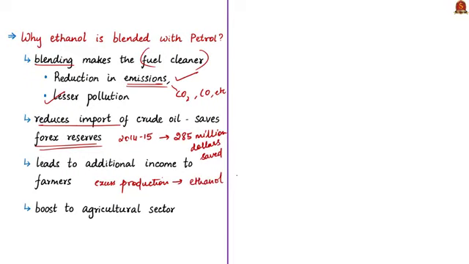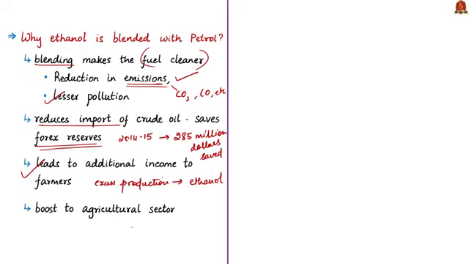Now this is applicable not only for sugarcane but for any other excess or damaged food products from which ethanol can be produced. In this way, ethanol blending leads to income in stress situations and it will also be an additional income to farmers. Then the news article mentions that the procurement price for ethanol has been increased.